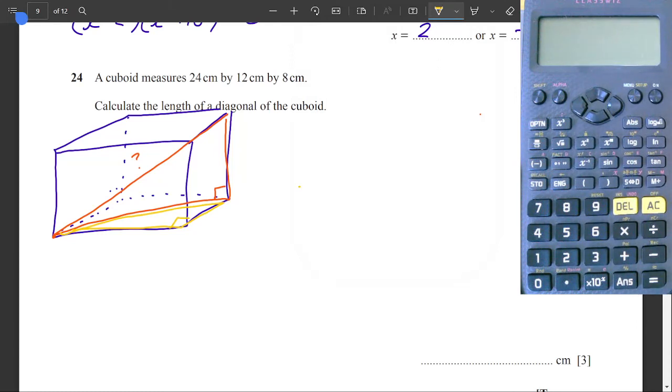Then we would have had to do Pythagoras twice, meaning if this is 24, that is 12, that is 8, we will have to do to find the bottom diagonal.